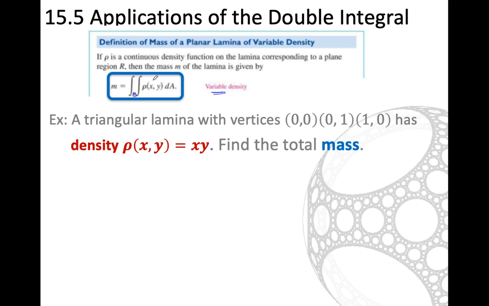Notice the double integral is a product of mass per area. For instance, kilograms per meter squared, multiplied by the change in area, which is meters squared, which means this comes out with mass, kilograms.